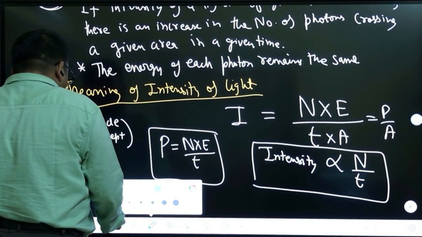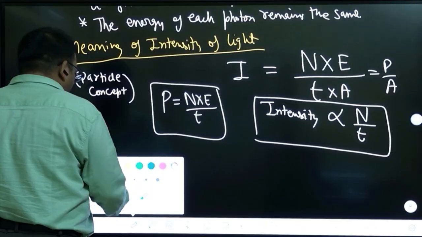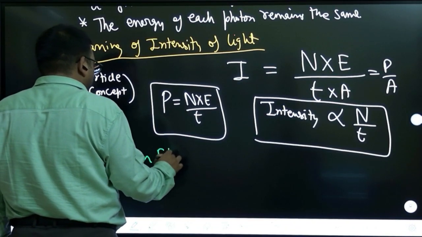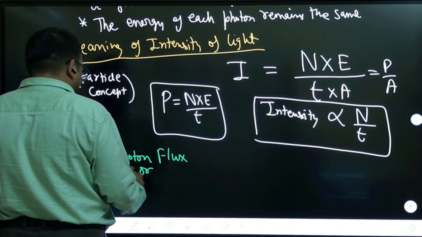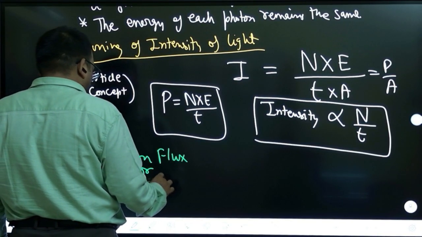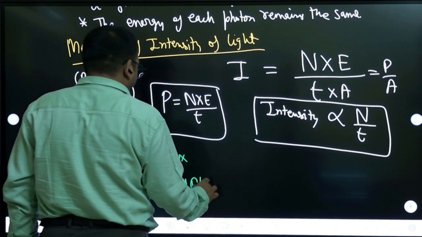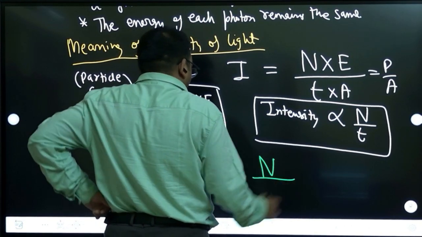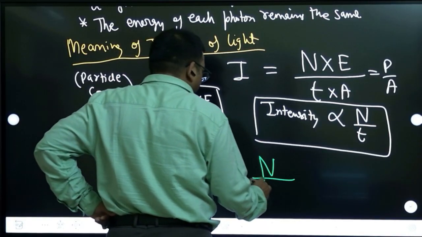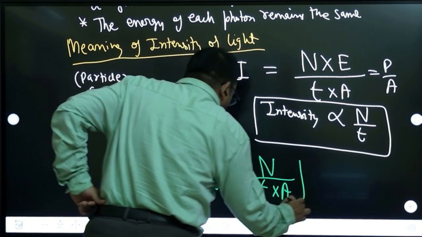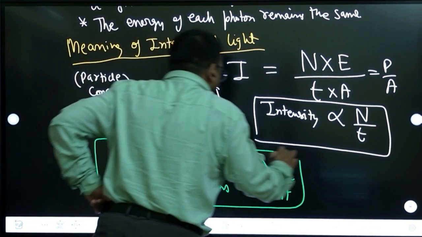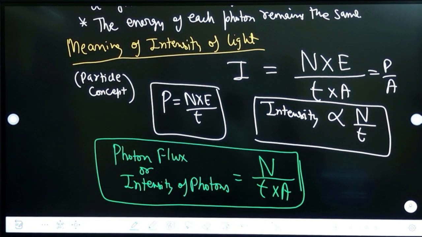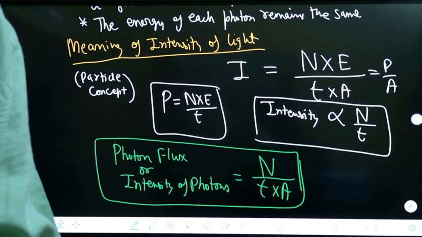Now let me write another definition of intensity, called photon flux, or intensity of photons. It is the number of photons per second per unit area. Here in this definition of intensity, the energy itself does not come. You see the factor E is disappearing in this definition, right?